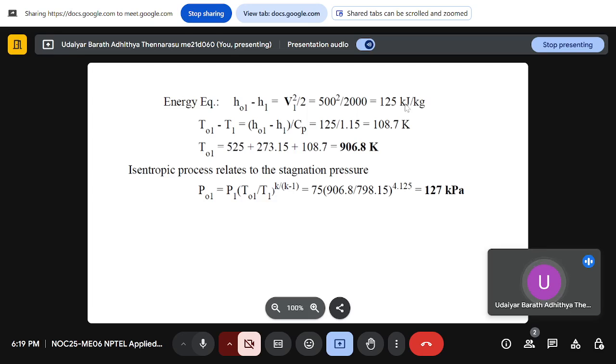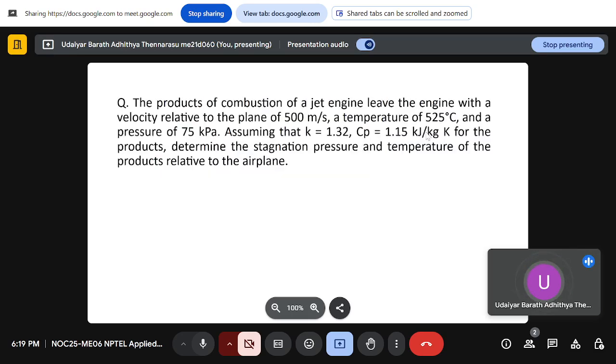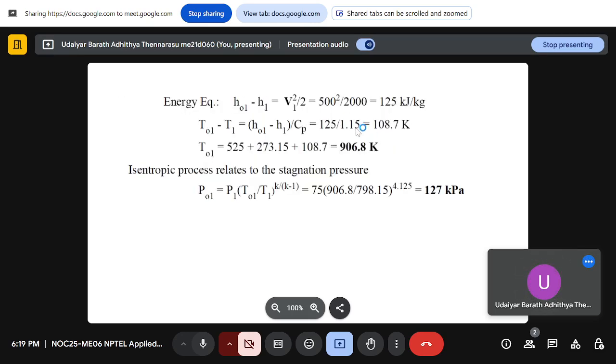So we get 125 kilojoule per kg as the difference between the enthalpy at flow and the stagnation enthalpy. So T naught minus T1 is H naught minus H1 by Cp. So H naught minus H1 we have found out to be 125 and Cp is given as 1.15 kilojoule per kg K. So it comes out to be 108.7 Kelvin.